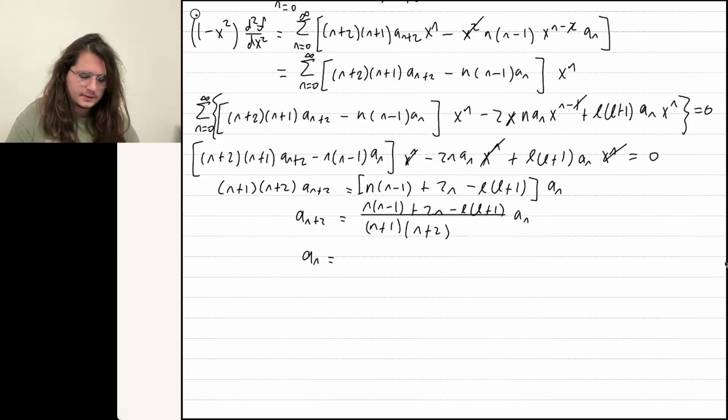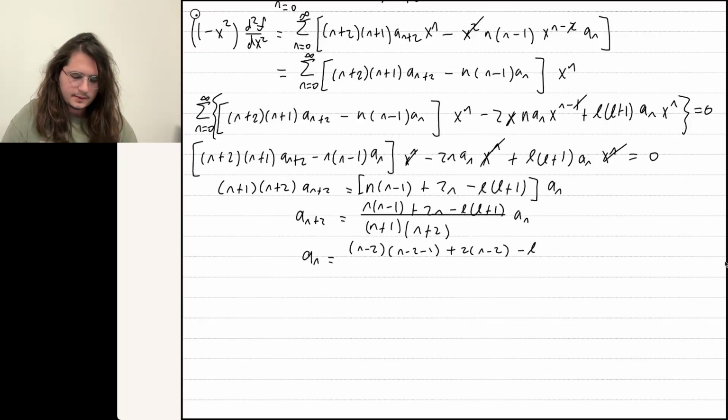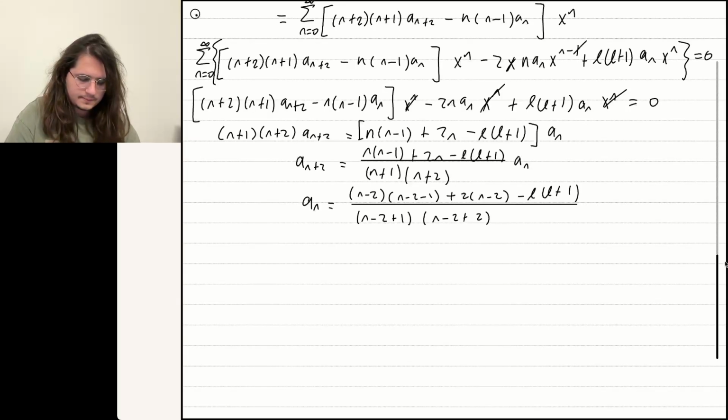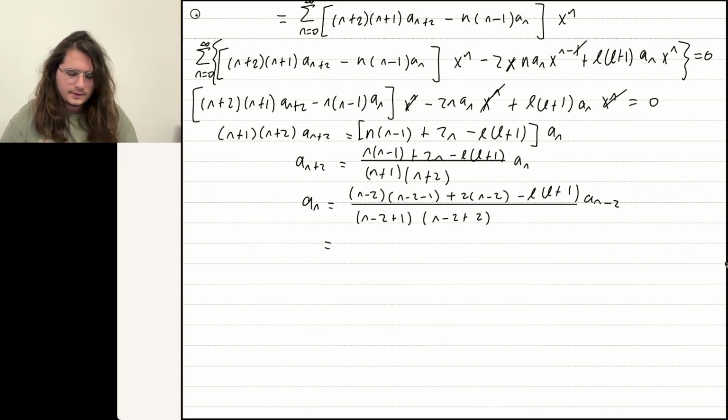On the right hand side, this is going to be n minus 2 minus 1, plus 2 times n minus 2, minus l by l plus 1, all over, and this is going to be, let's say, n minus 2 plus 1, n minus 2 plus 2, all times a n minus 2. Cool stuff.